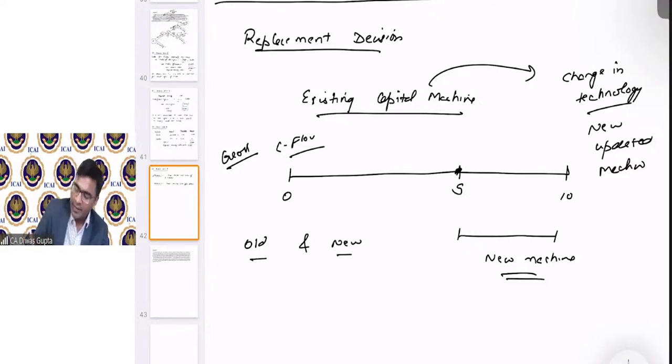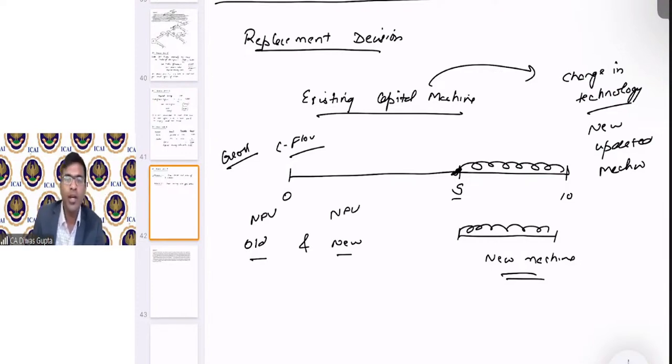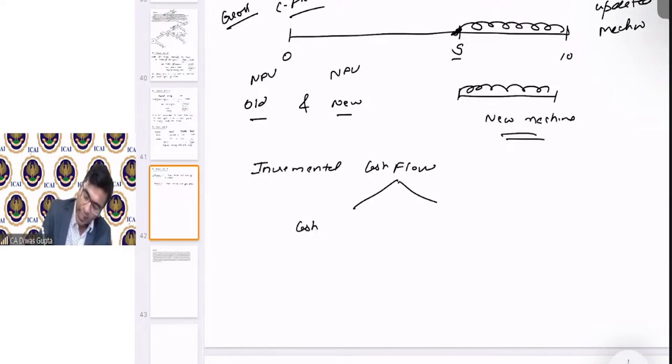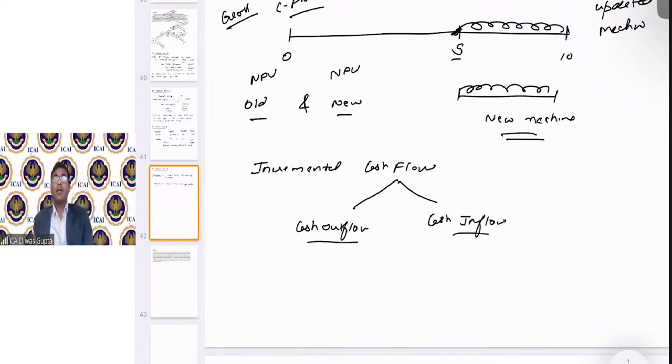You will calculate at the end of the 5th year, based on the future estimated numbers, the cash flow of the existing machine, and you will also calculate the new machine related cash flow NPV, right? NPV of old and NPV of new at the end of the 5th year. Or there is a better way to do it, which is you will calculate the incremental cash flows. Now, incremental cash flows will be from two standpoints: cash outflow and cash inflow. Right. Now, how will be the incremental cash outflow?